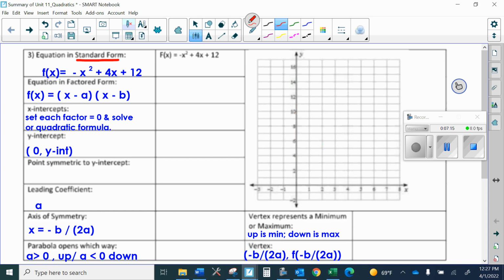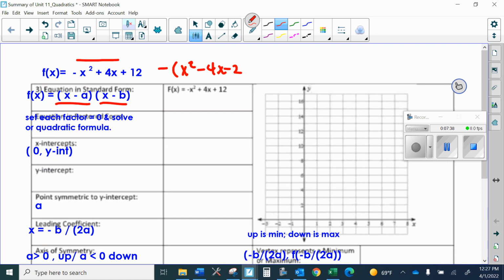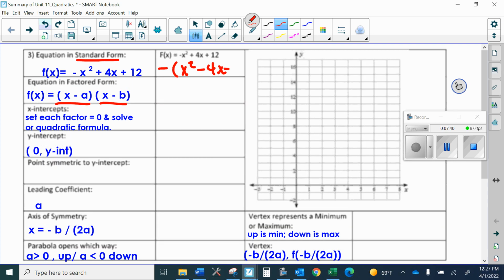All right, so when we factor, it's going to come into two factors. Okay, that's just a general idea of what a factoring looks like. We always want to have our leading coefficient, in this case the negative one, be positive. So we're going to factor out the negative, and you're left with x squared minus 4x minus 12.